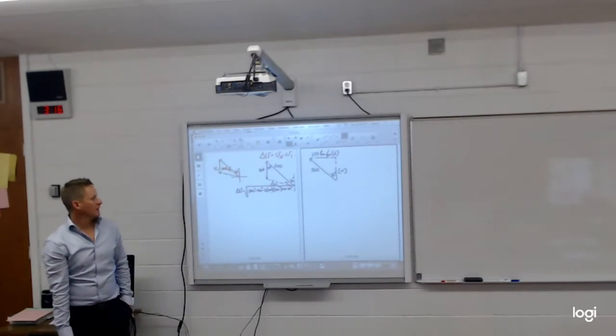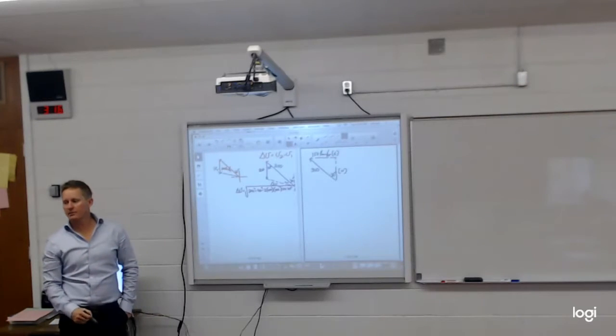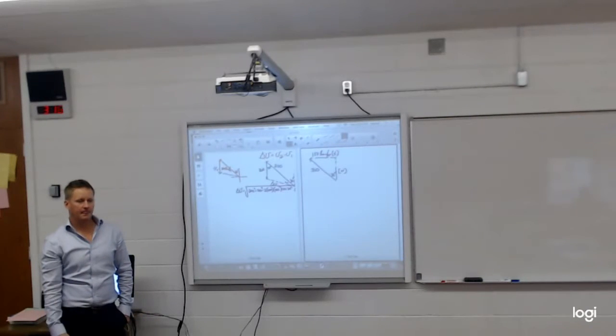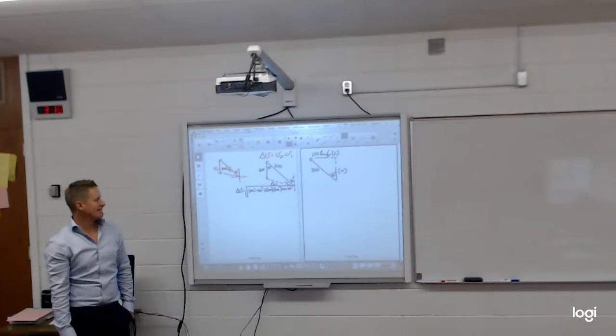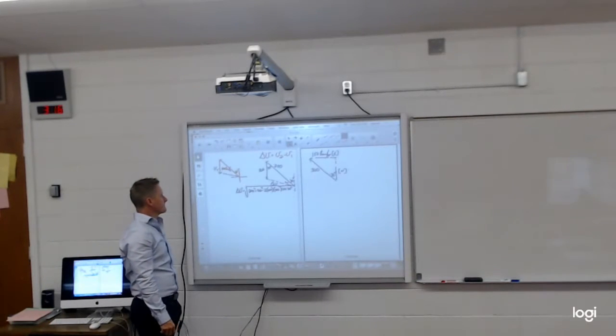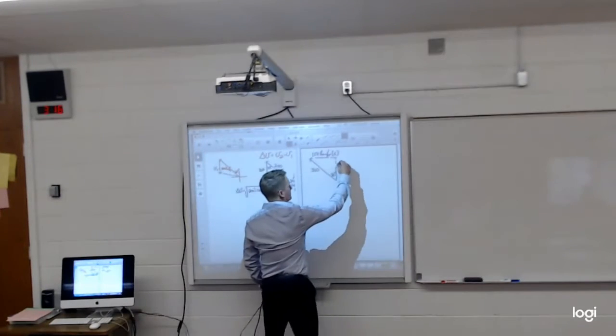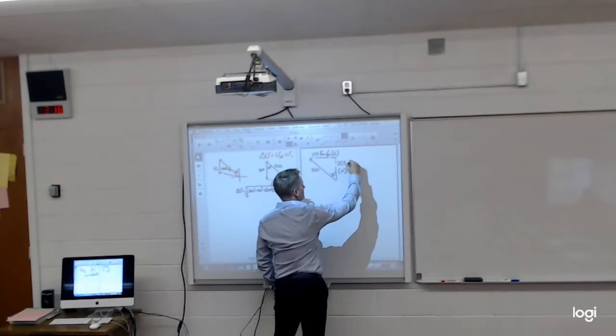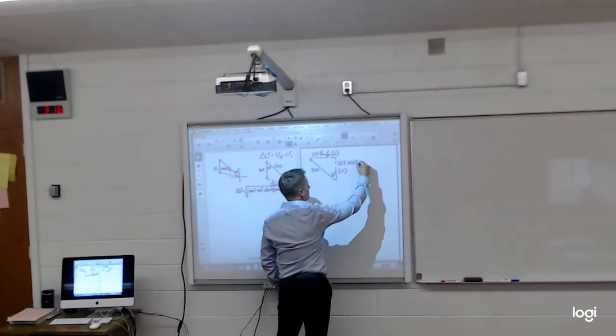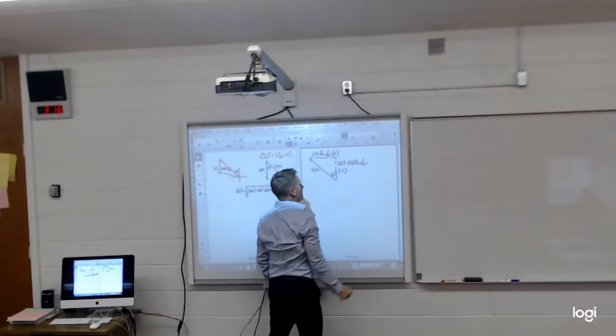Now take the cos of 30 times 300. That's about 259.8.